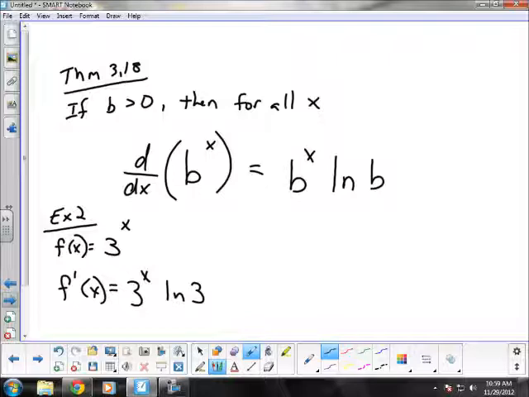Now on the next one, you have a little bit more, but it works pretty much the same way. So they tell me that g of t is equal to 108 times 2 raised to the t over 12.